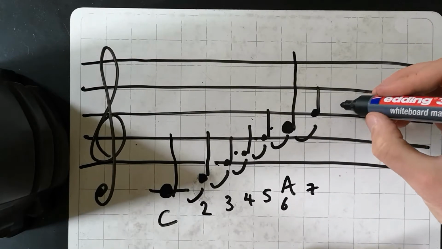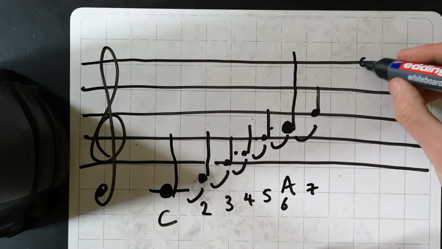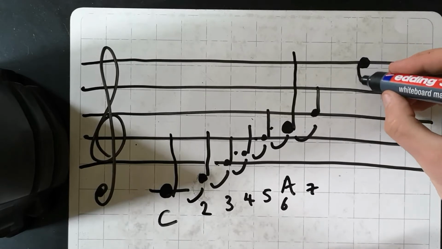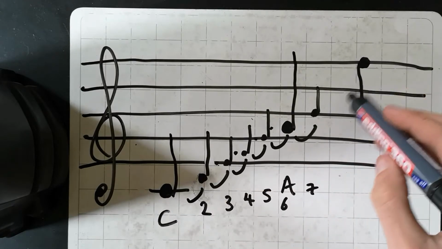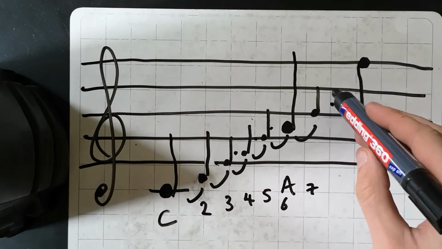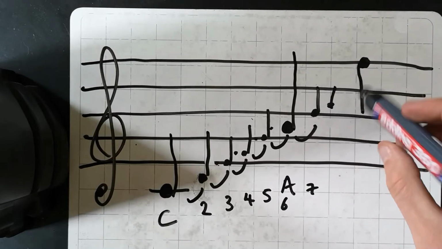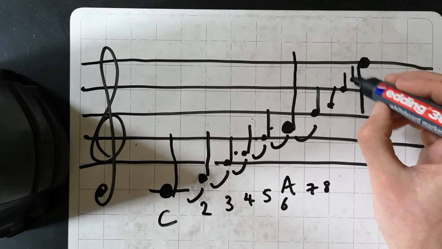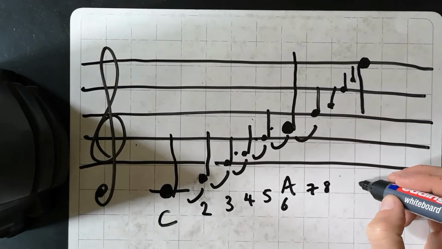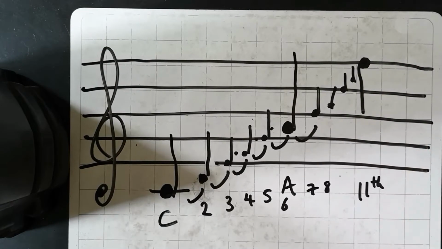So let's say I've then got this F up here, and I want to know the distance between that C and that F. Well, I know that's a 7th. So that C there would be an 8th away. D would be a 9th. E would be a 10th. So that F there is an 11th away.